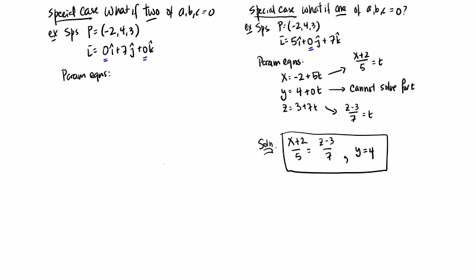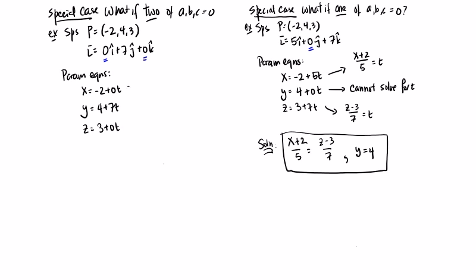Personally, I think it's almost always easiest to go through the parametric equations. They're the ones that make sense, I think, fundamentally, and everything else springs off of those. So the parametric equations: x is -2 plus 0t, y is 4 plus 7t, and z is 3 plus 0t.